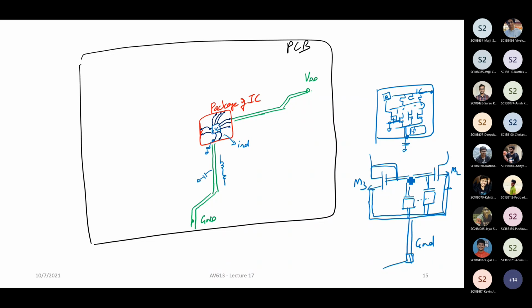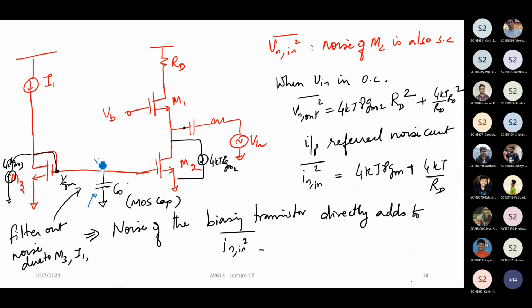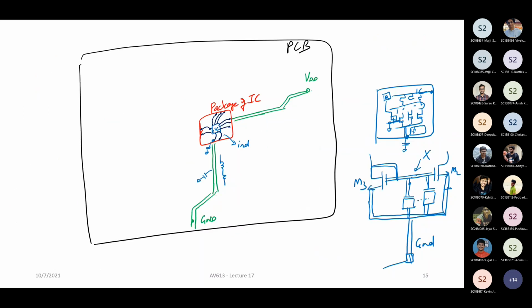This node is not exposed to the outside world at all. Let's call this node X, the current biasing node. This does not come out of the chip at all. Only ground, VDD, maybe input, output will come out of the chip.